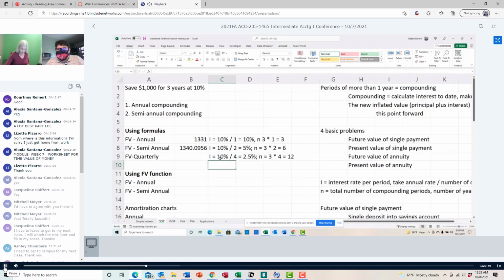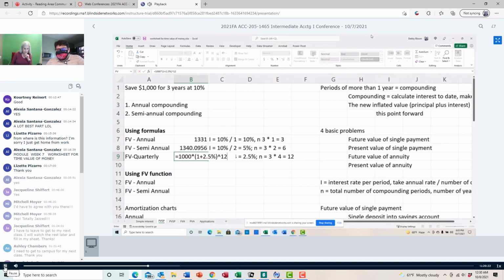So we just put in the formula exactly the same way. I would take $1,000, multiply it by, open parentheses, 1 plus 2.5%, close parentheses, to the power of 12. And then I would just hit enter, and I should have a number a little bit more than 1,340.